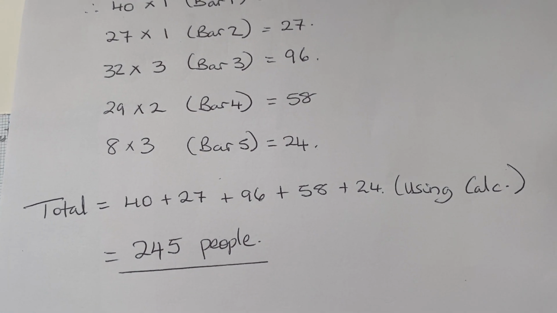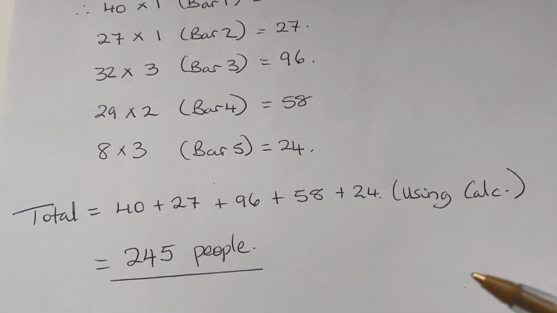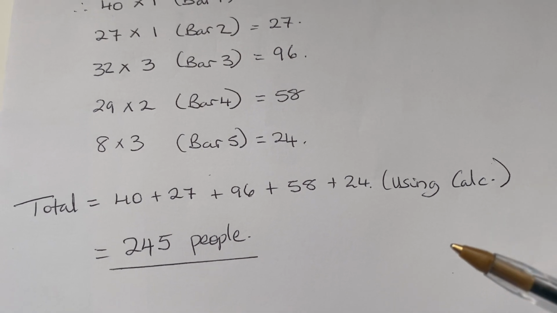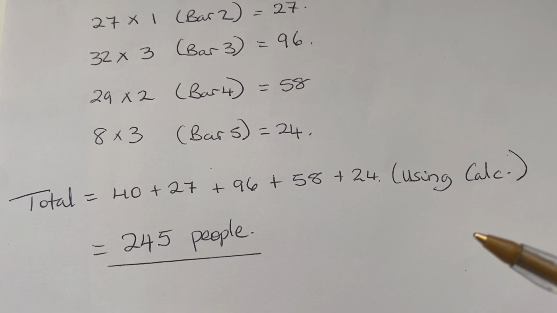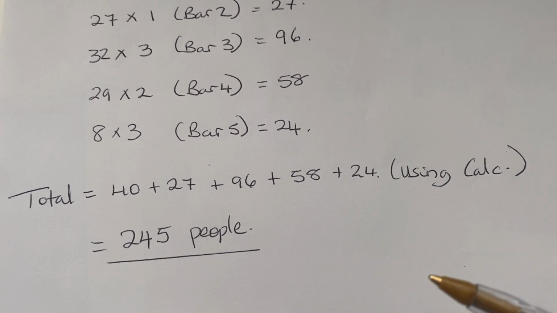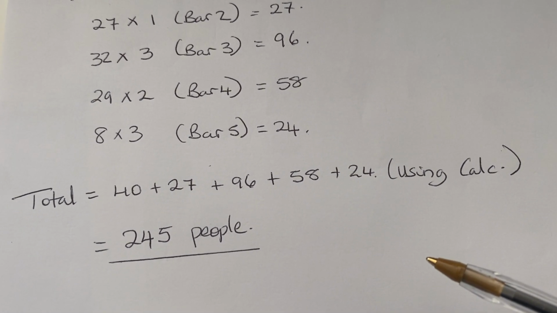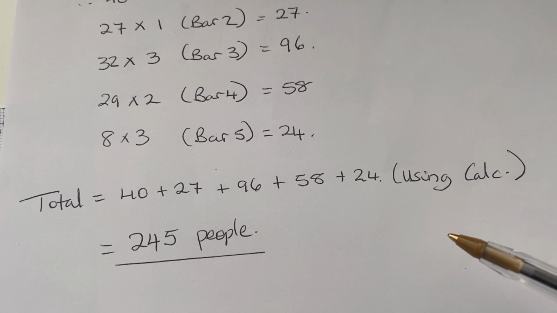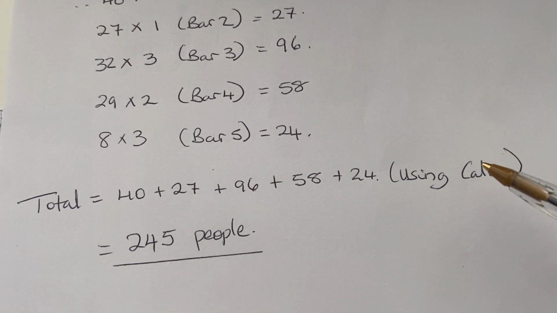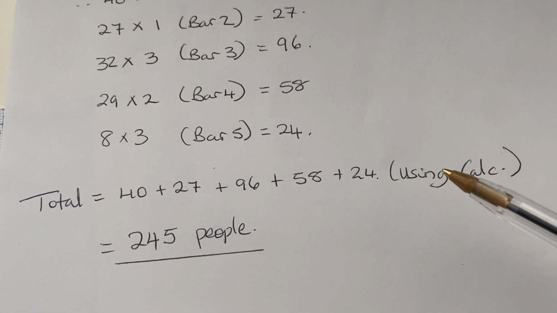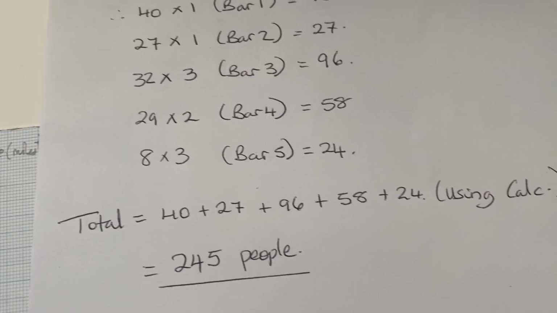So you can use your histogram to find the number of people who took part in an experiment, or in an activity, and that is how you can use the histogram to deduce that.